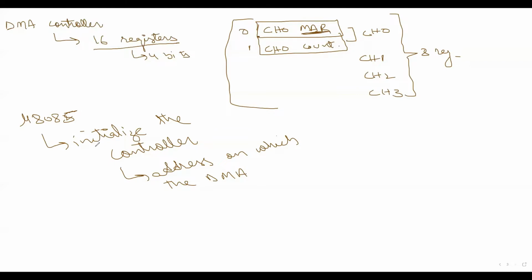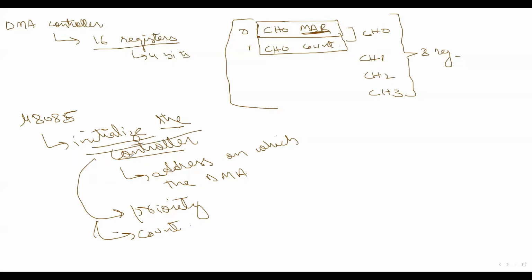Not only in the initialization do we provide the address, we also set the priority of the channels. For example, since there are 4 channels, should we allow channel 0 to send first, or channel 1, channel 2, or channel 3? Which one has the higher priority? That priority is also done with the help of this initialization. Also the count, the number of bytes that it is allowed to send to the memory, is also initialized by the microprocessor 8085.